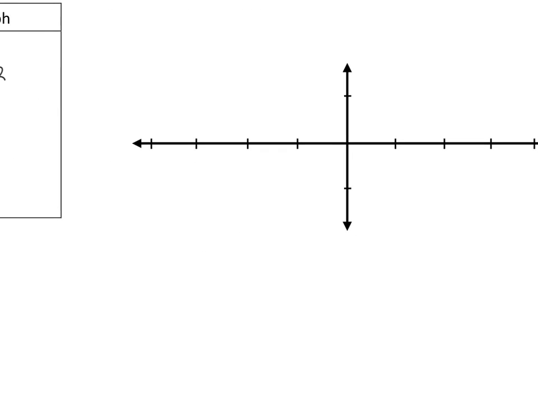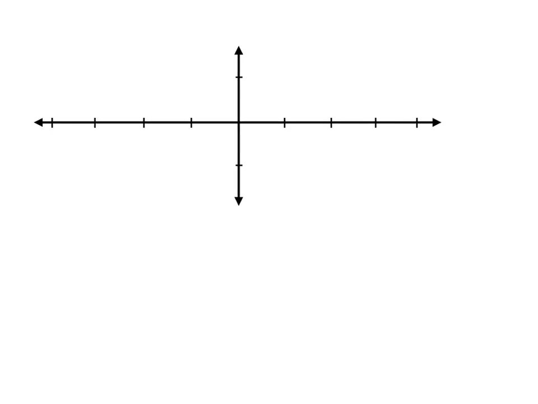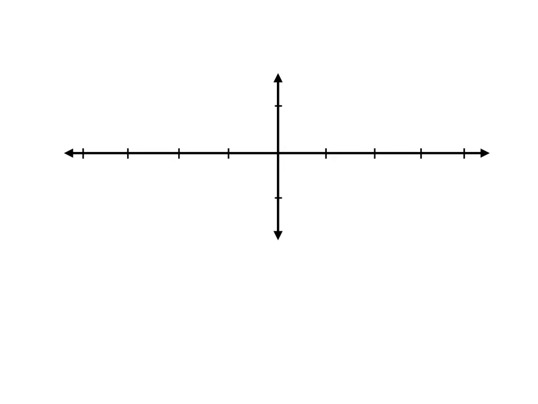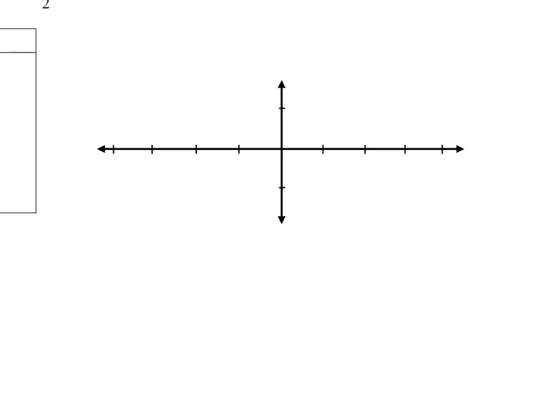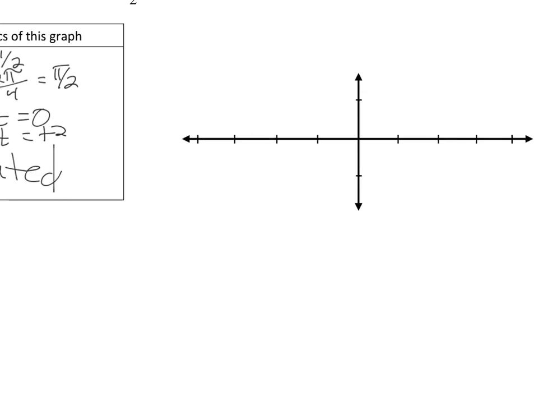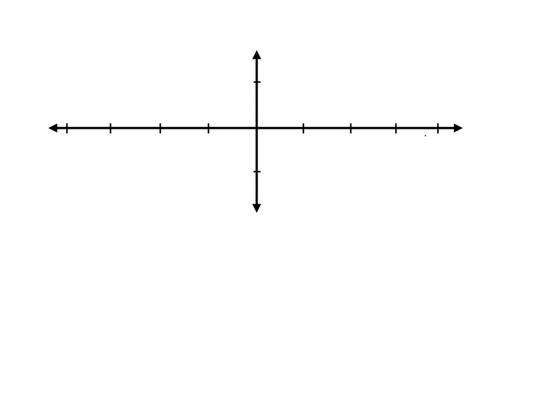All right, now I come over here again. Where was I? Okay, mark tick marks. What was my period? My period was pi over 2. All right, half of pi over 2, I multiply the denominator by 2, so I get pi over 4.